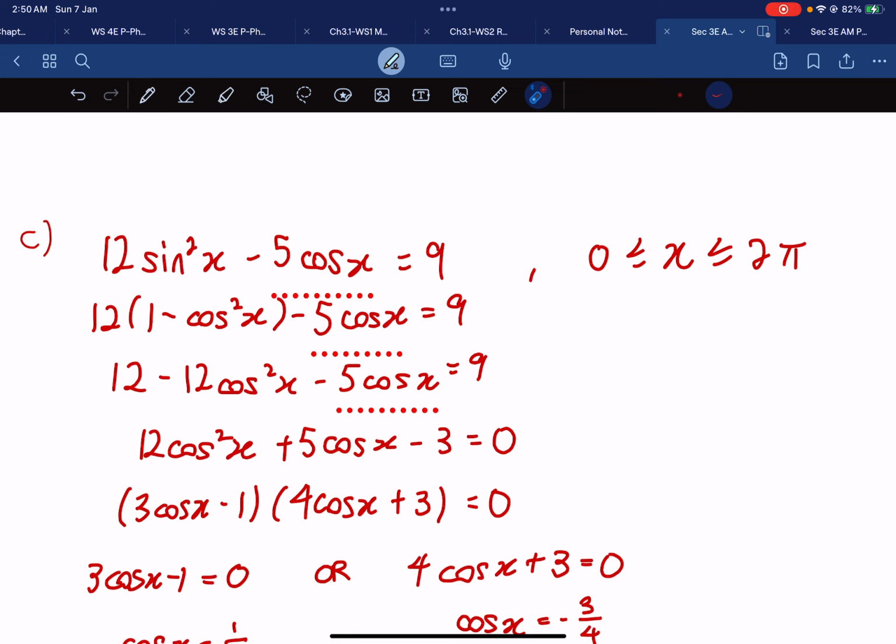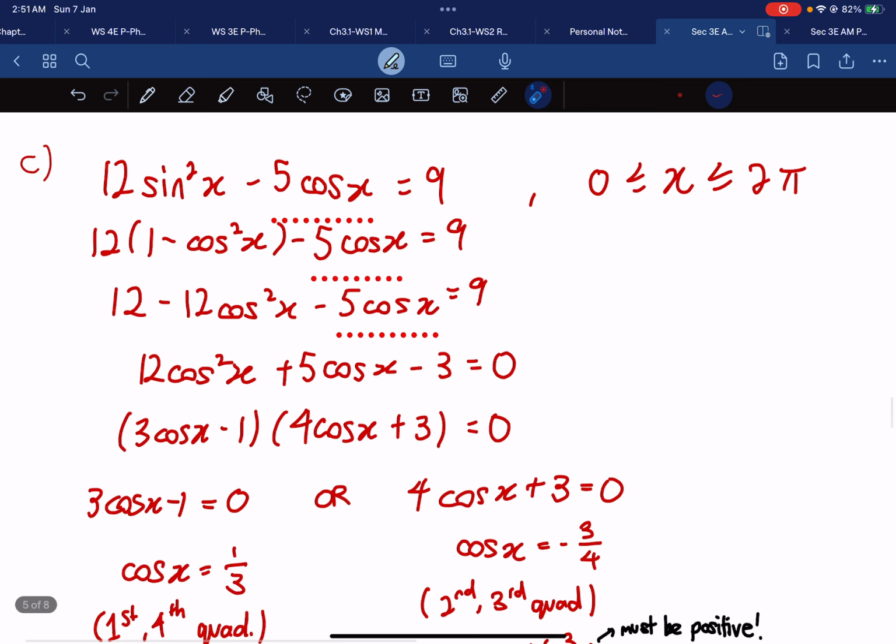So when I solve trigo equations, one common trick is that we always want to change all of them to have the same function. And we want to solve this equation for cosine x, for example, in this case. So what I did is that I turned this sine square x, based on my trigo identity, into this trigo identity here. Then I can easily manipulate this equation to get a quadratic equation in cosine x that I factorize in order to find cosine x eventually.